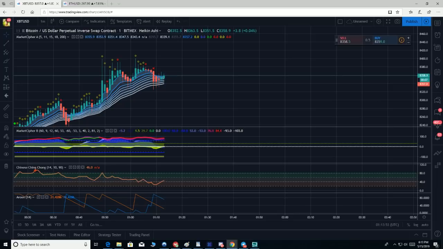Yeah, I mean, Tether went to shit, PHEMEX went to shit, and look, Bitcoin's pumping.